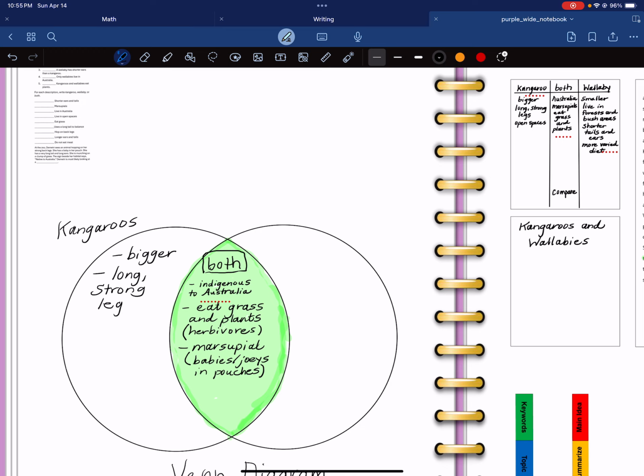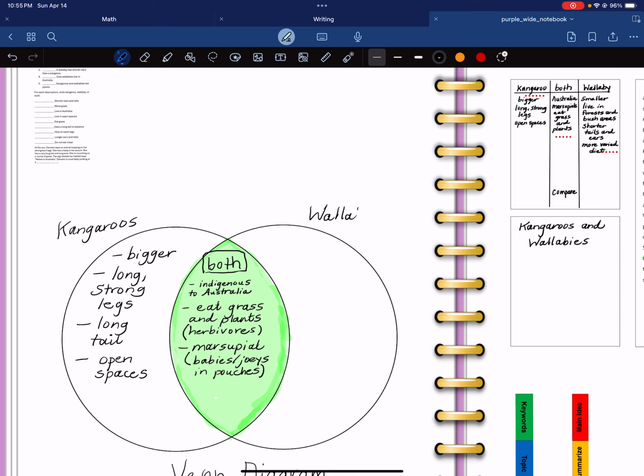And because they bounce on those long, strong legs, they have a long, strong tail. That tail helps them to balance. And kangaroos like open spaces. They bounce across open areas, open fields.